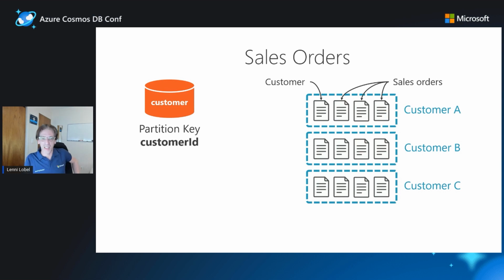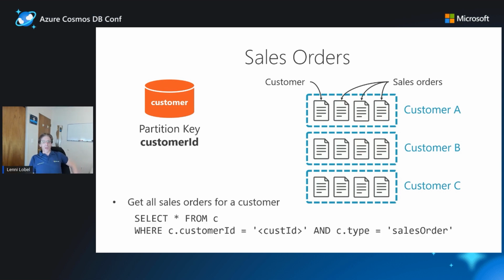So this is a very nice little design for customers and sales orders. I can run a query like so to get all the sales orders for a given customer by querying on the type property for a given customer. In fact, if I left out the type portion of my query and just got all of the documents for a given customer, it would give me the customer and all of their sales orders along with all of the embedded information with a very efficient single partition query.